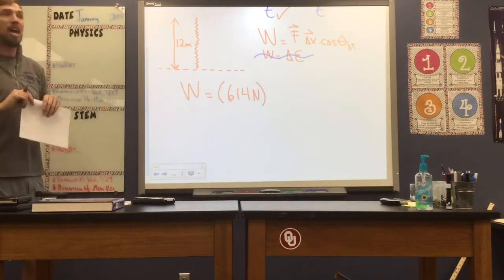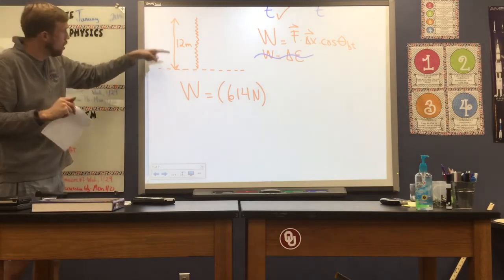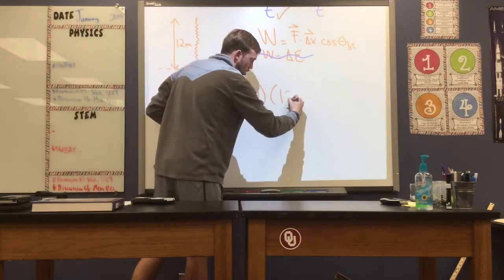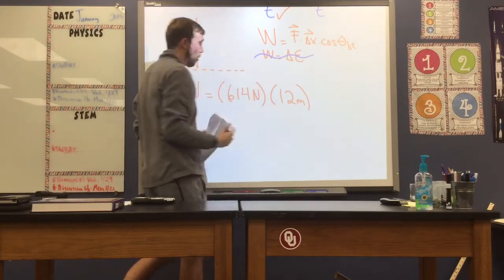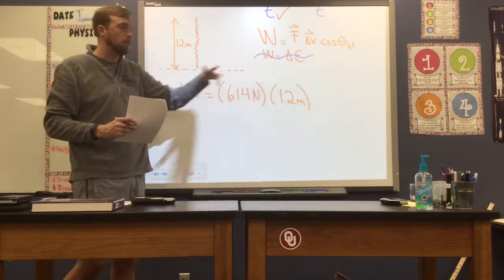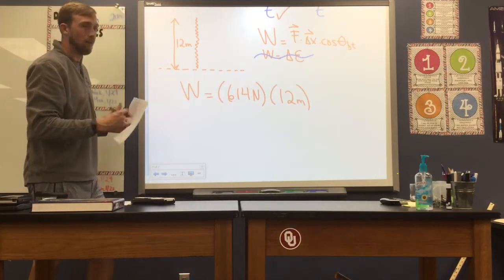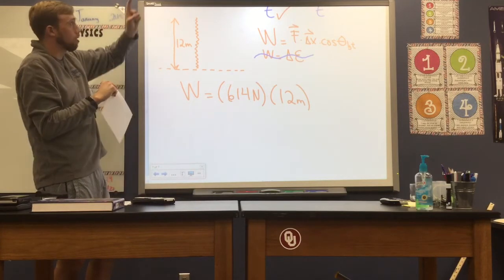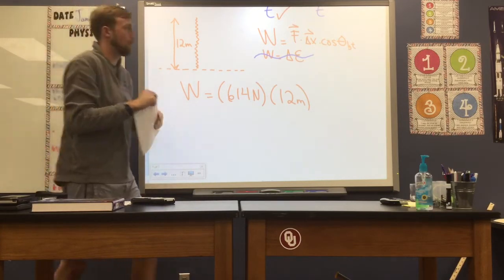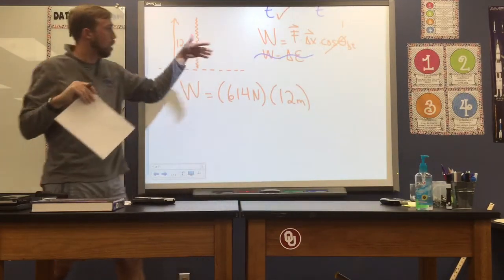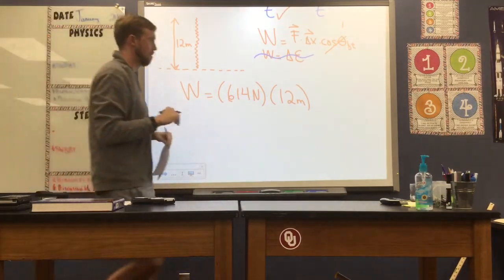We apply that force over the length of the rope, a displacement of 12 meters. Here, we're applying a force the same way that we're moving. We're pulling up and we're moving up. So our force and displacement are in the same direction, which means cosine of 0 will be 1.